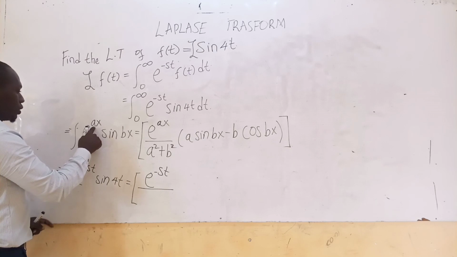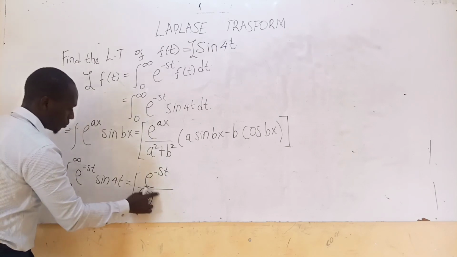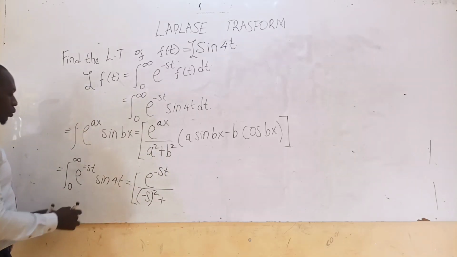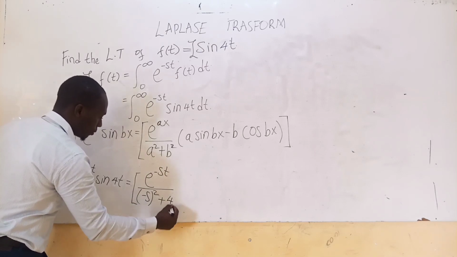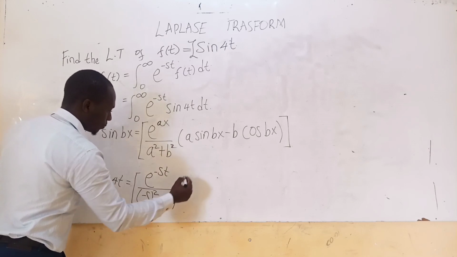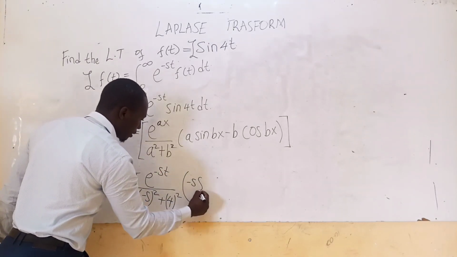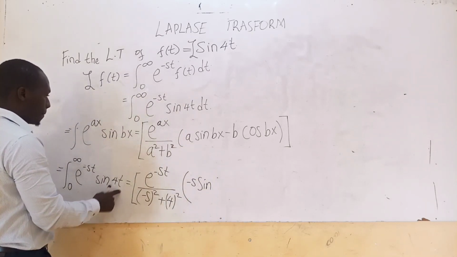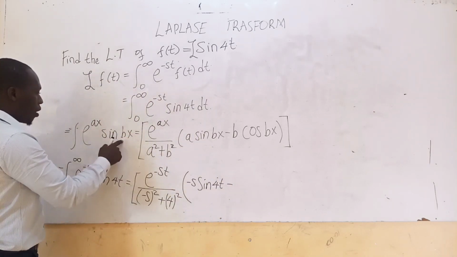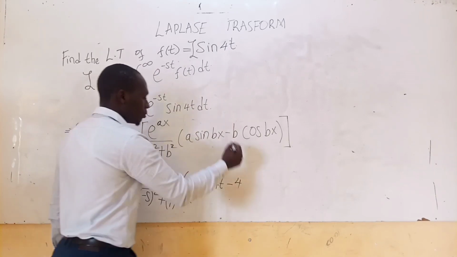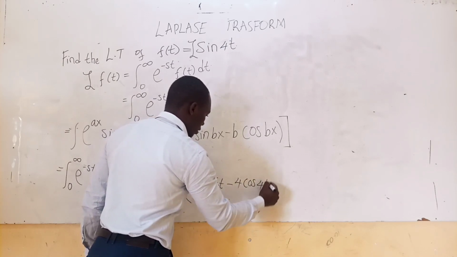Our a is equal to negative s, and b is equal to 4, so we have 4 squared, into a, our term of a being negative s, sine bx, which is sine 4t, we subtract b, our b is equal to 4, and we are going to have cos 4t.